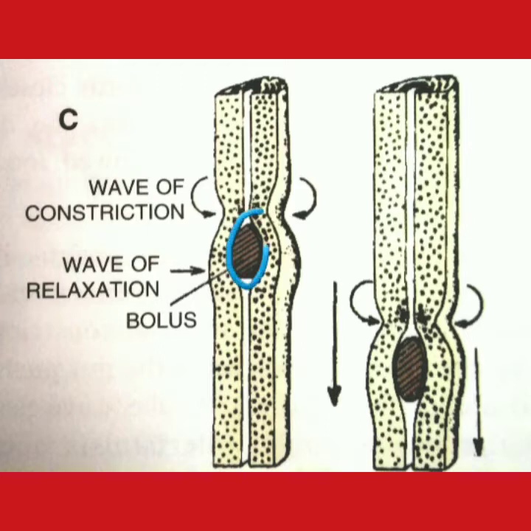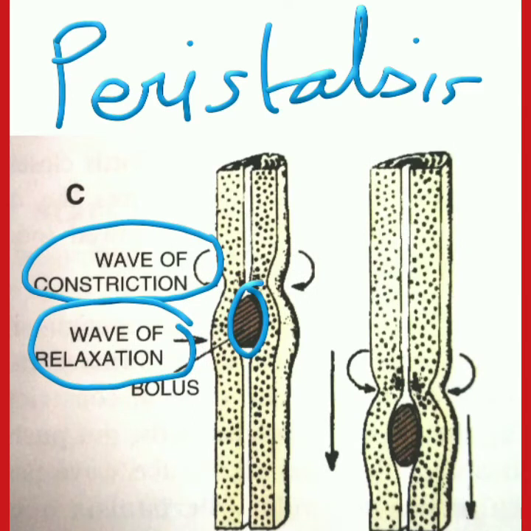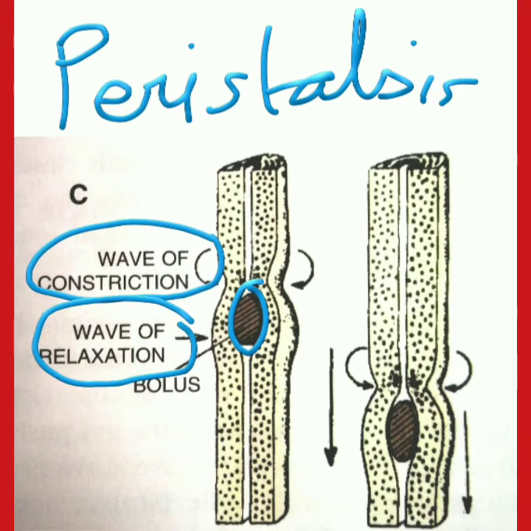Here you can see the food is pushing downward, and these are the wave of constriction and the wave of relaxation. So as the wave passes, the circular muscles relax. Peristalsis occurs through all the regions of the gut.